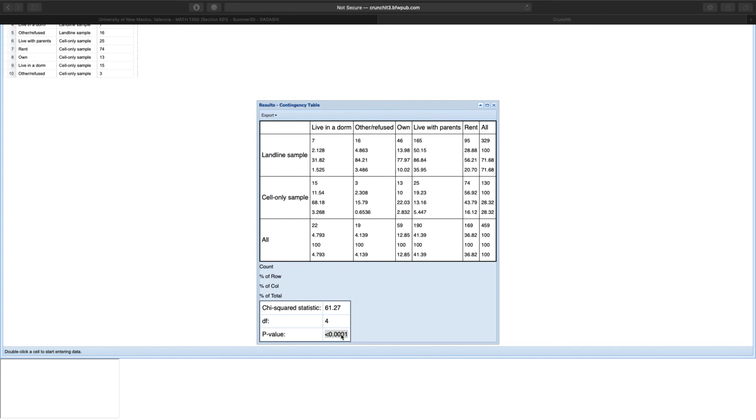So if we are rejecting that, it means there is a relation between the living situation and phone service. The other situation could be a large p-value, and in that situation we would say we cannot reject the null hypothesis, meaning there's no relationship between these two variables.